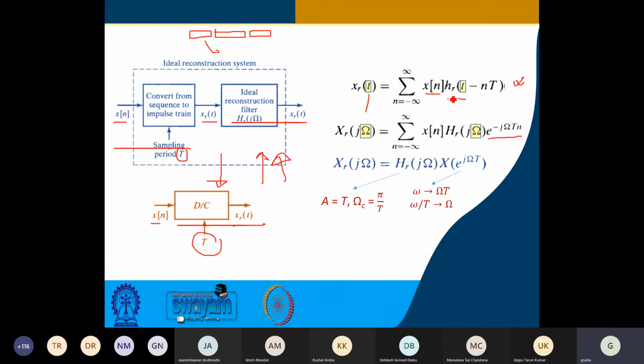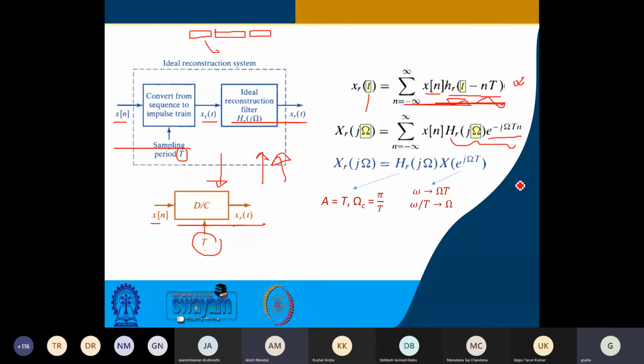Okay, and for hr(t minus nT), it will be Hr(j omega), the Fourier transform, and for the shifted version it will be e to the power minus j omega T n that will come here. Is it understood? Using the Fourier transform shifting property, hr(t) related to Hr(j omega), then hr(t minus nT) will be Hr(j omega) times e to the power minus j omega T n.